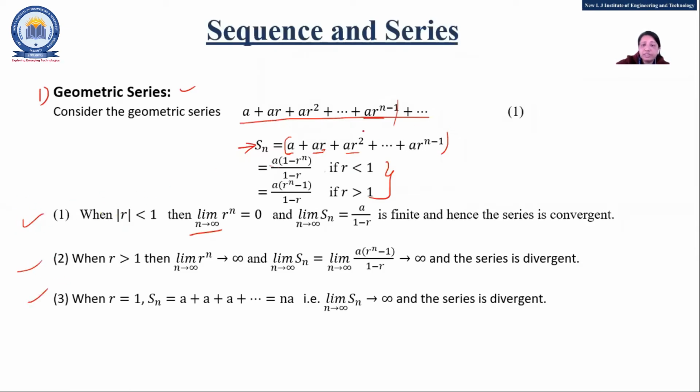First, this is the definition of geometric series. When mod R is less than 1, the limit as n tends to infinity of R raised to n equals 0, and the limit as n tends to infinity of Sn equals A upon 1 minus R. So in an example, whatever series is given, you need to find out A and R. Then check the value of R. If mod R is less than 1, you can directly write the limit of R raised to n equals 0.